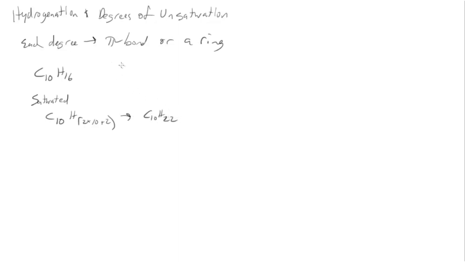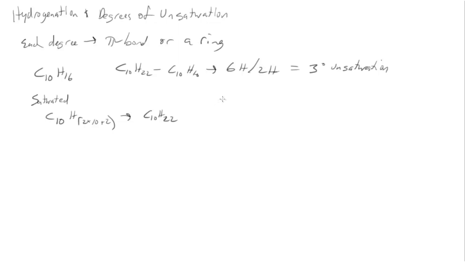So if I have C10H22 minus C10H16, I'm missing 6 hydrogens. It takes 2 hydrogens for each degree of unsaturation. That gives me 3 degrees of unsaturation. Now, at this point, I don't know whether they're rings or pi bonds.